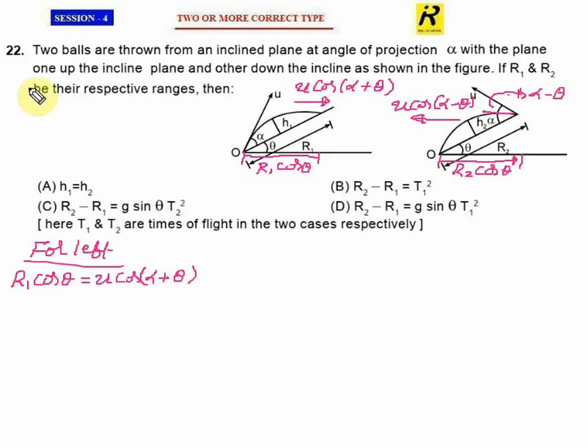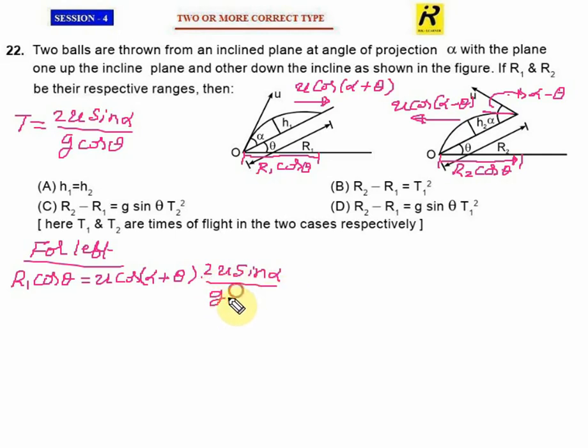Time is t, and we already got t equals u sine alpha divided by g cos theta, so using those terms here, this is 2u sine alpha divided by g cos theta. That term I am going to use here.